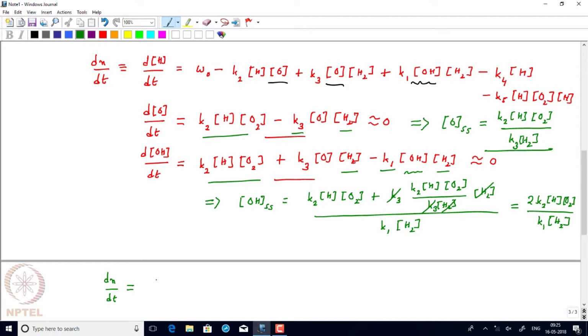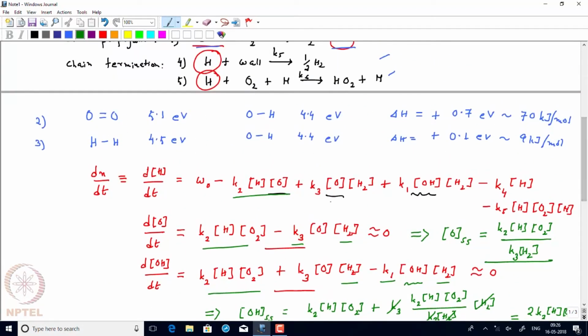And that we can do, basically we have to write omega 0 minus, so let us follow this: it is not K1, it is K2 into H into O, and O, as we have seen here in the steady state condition, is K2 into H into O2 divided by K3 into H2, and then the second term is this K3OH2.